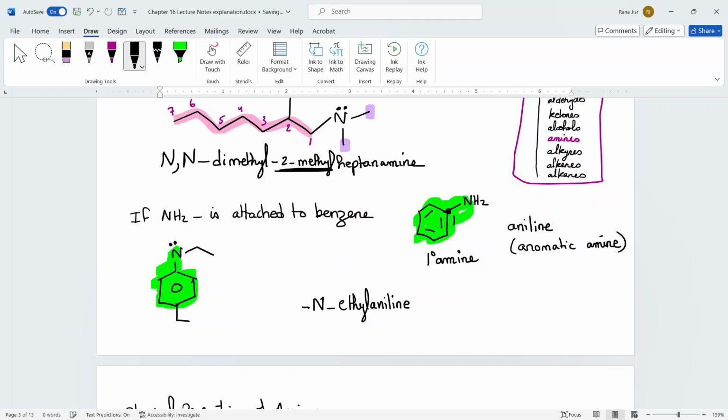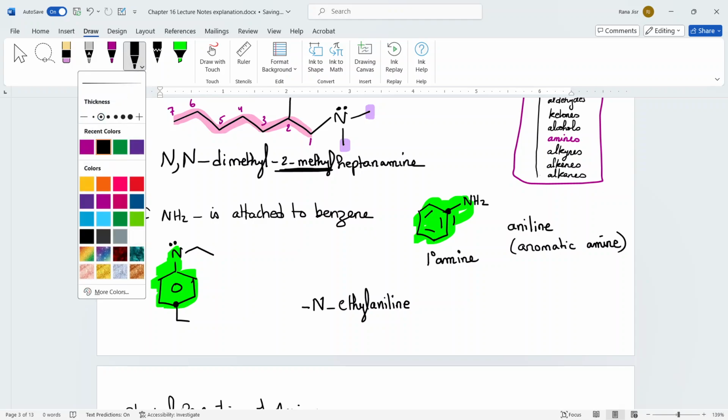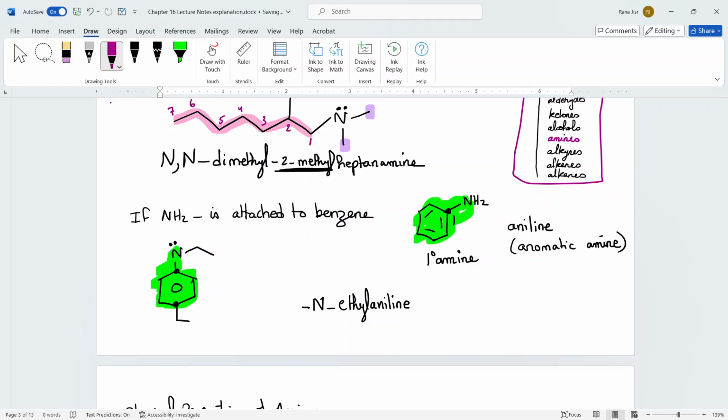So the ethyl is on the N. And then you have your substituent on the benzene. So your substituent on the benzene is where? Here I do have a 1 because the numbering always starts from the common root, and the common root here is the aniline. So you have to start numbering from there. That is going to leave the ethyl on carbon number 4.